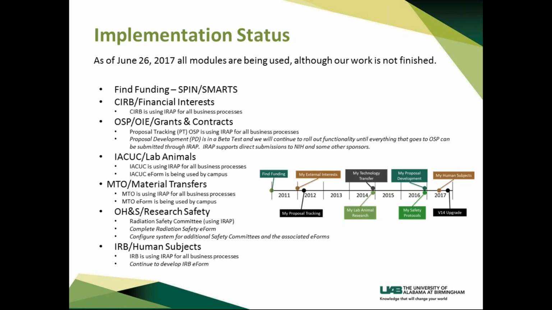If you do any industry-sponsored clinical trials or anything that requires a CDA, or confidentiality disclosure agreement, you have interacted with the Office of Industry Engagement, possibly without realizing it. We handle all CDAs and anything else that's grants or contracts related in that OSP module.